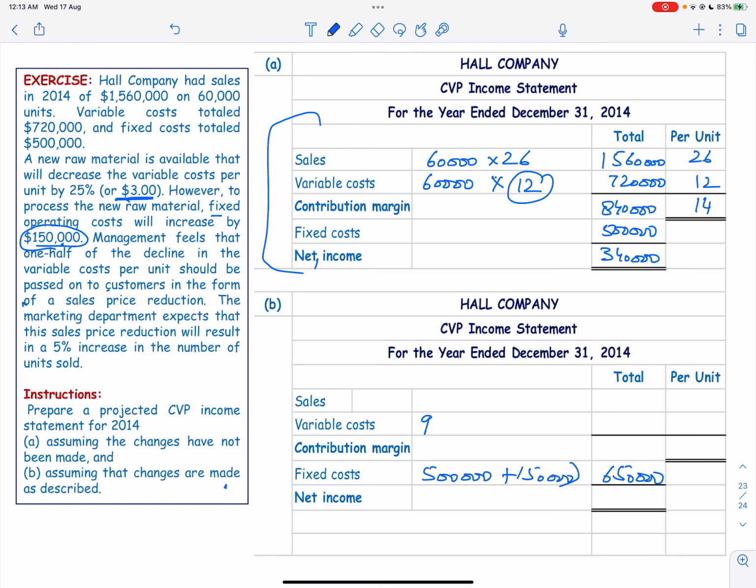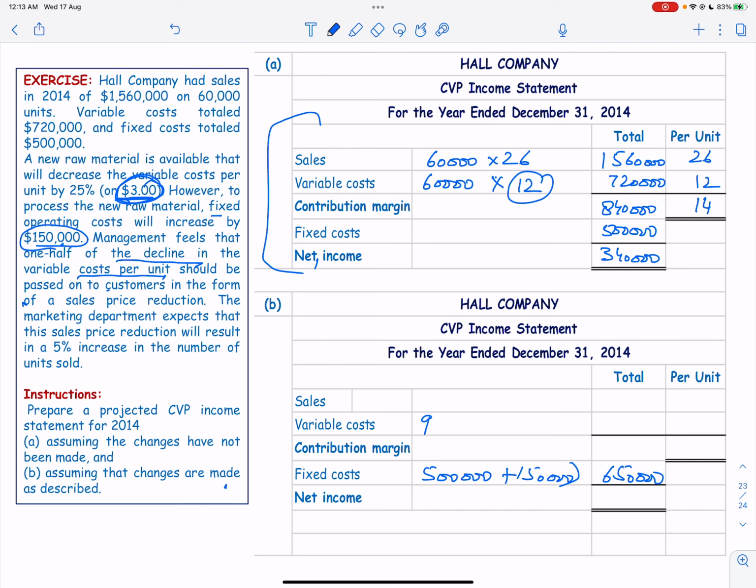Management feels that one half of the decline in the variable cost per unit should be passed on to the customers in the form of a sales price reduction. So one half means half of 3, that is 1.5. So the selling price will reduce now.